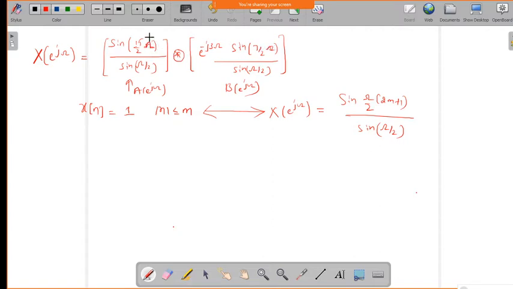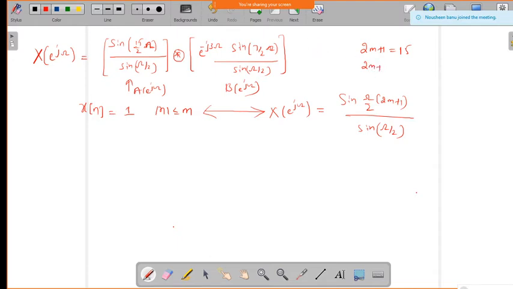Now what is the value of 2m plus 1 here? If you take sine of omega by 2 common, only the value 15 is there, so that will be equal to 2m plus 1. In this case it is 7, is it not?